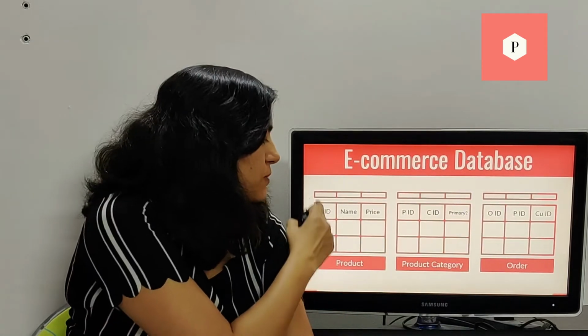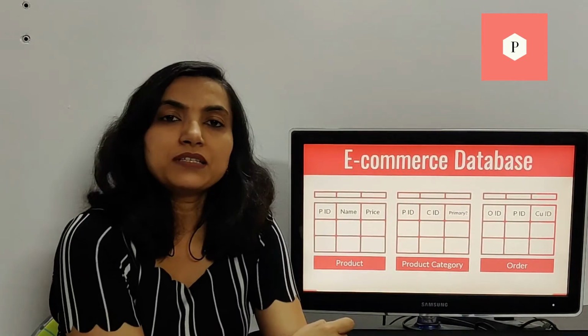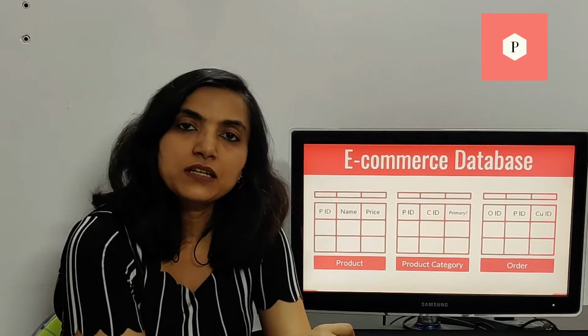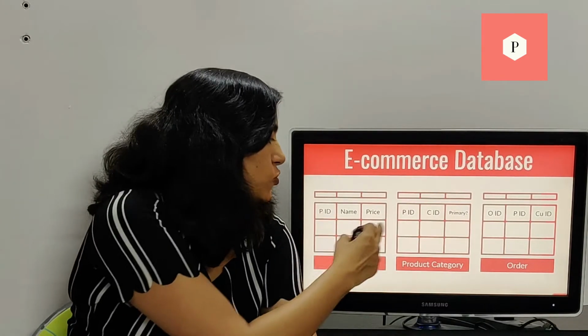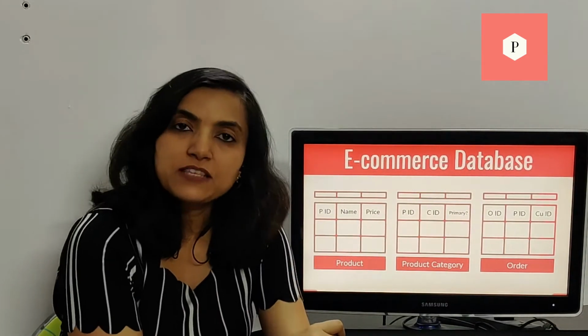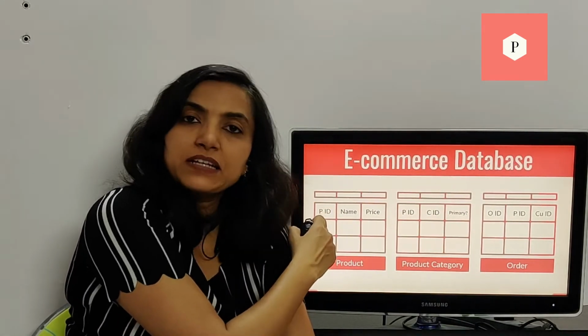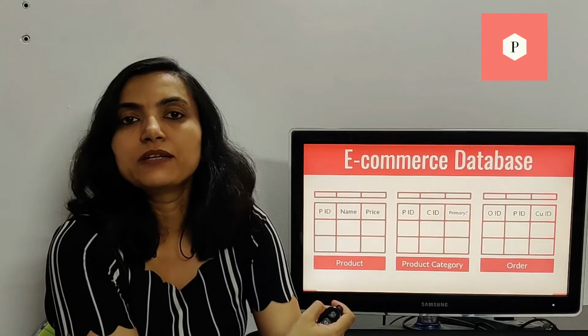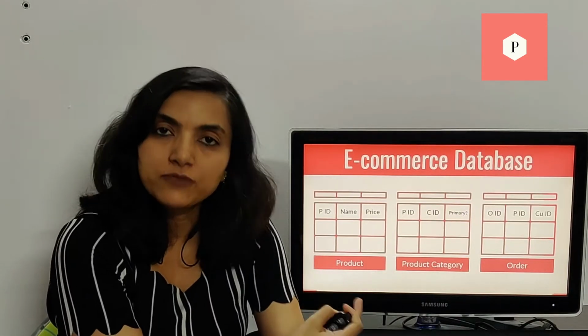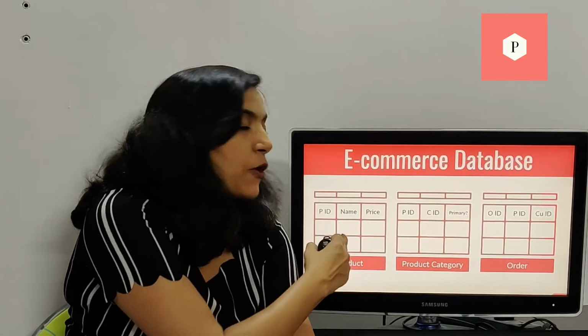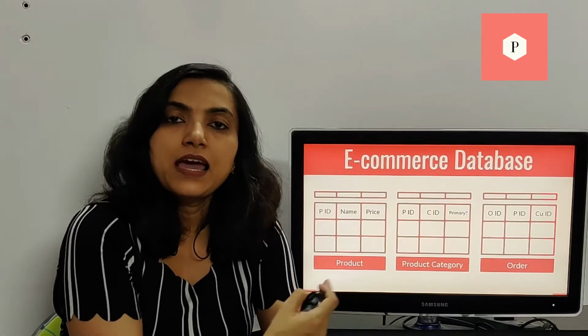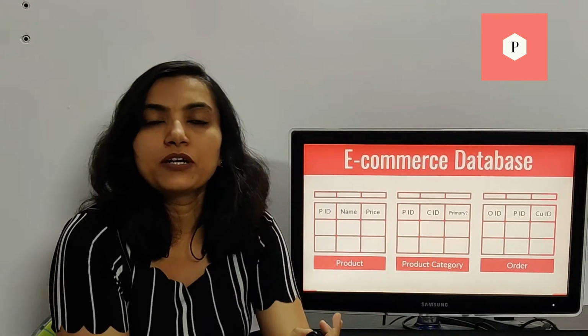In the product table, each column will represent one piece of information about a product and each row will be one specific product. So what kind of columns can we expect? We can expect a column called product ID, which will be a unique ID for one specific product, product name, product price and any other information about the product you can think of.